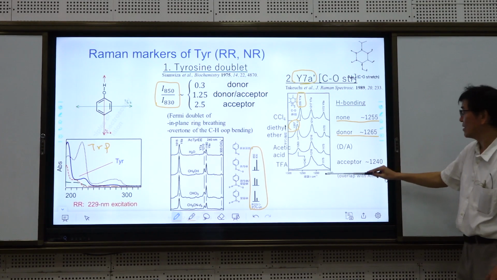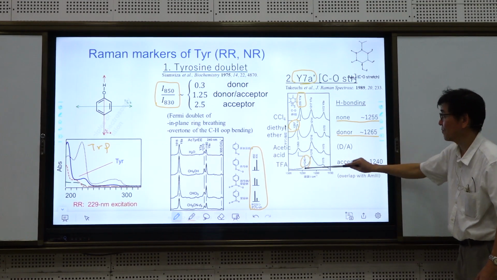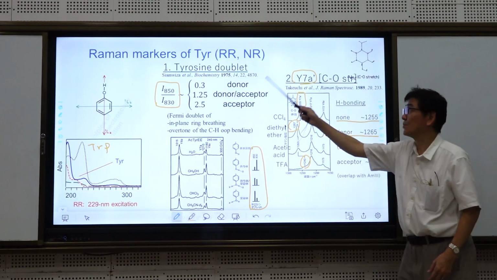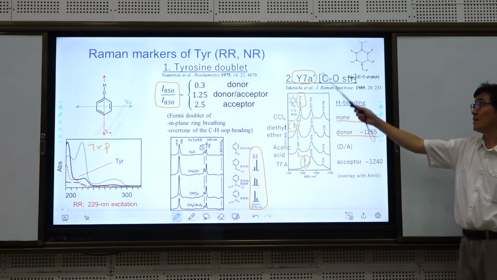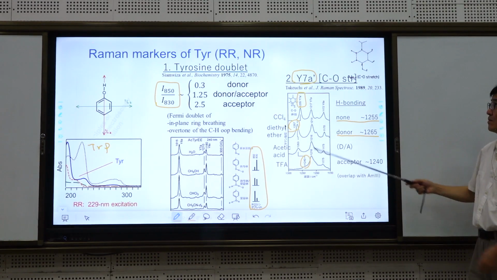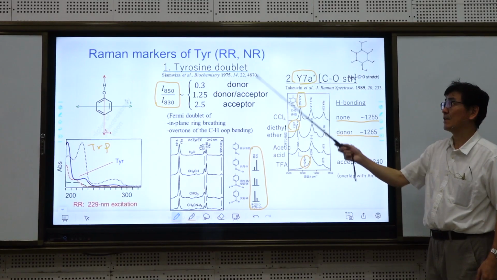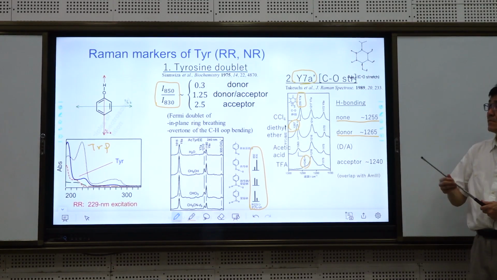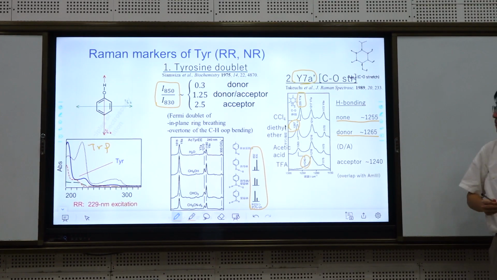If it is an acceptor, it goes to a lower position. Okay? So these two are widely used marker bands also to analyze the environment of the tyrosine side chain.